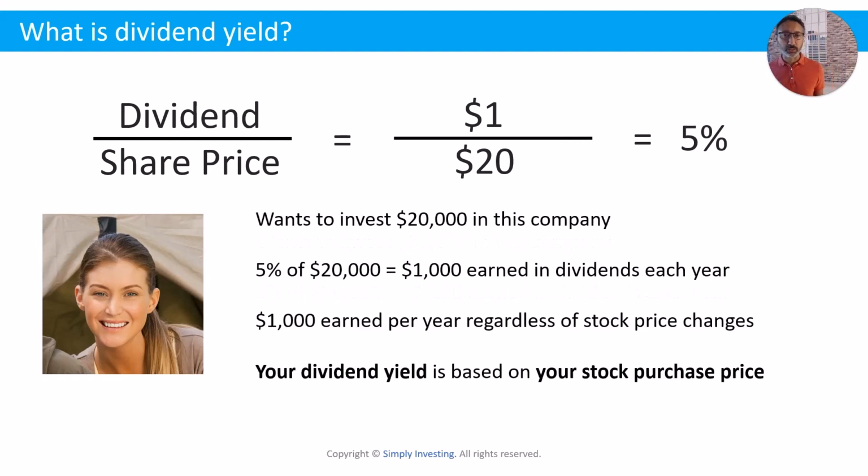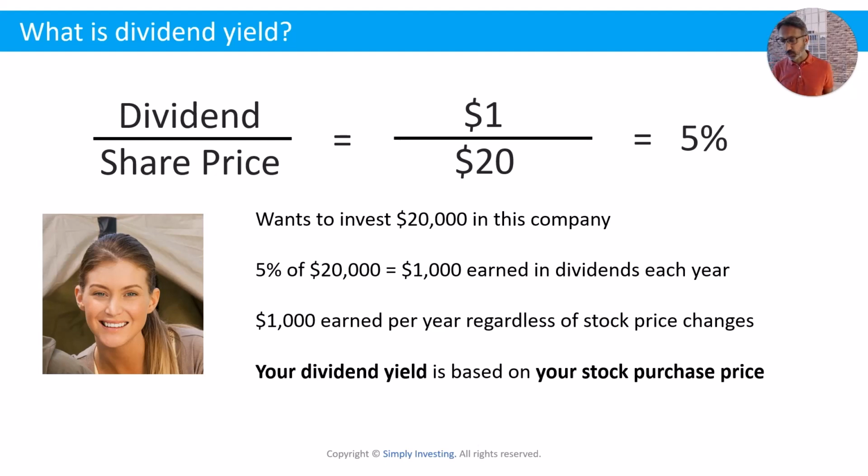Now, the $1,000 that she's going to earn per year is regardless of the stock price changes. She's bought the stock at $20. Now, the stock can go up to 30, 35, 40. It can go down to 10 or 15. Doesn't matter. As long as she owns the exact same number of shares, her dividend yield is going to be 5%. And as long as, again, the dividend is $1 per share.